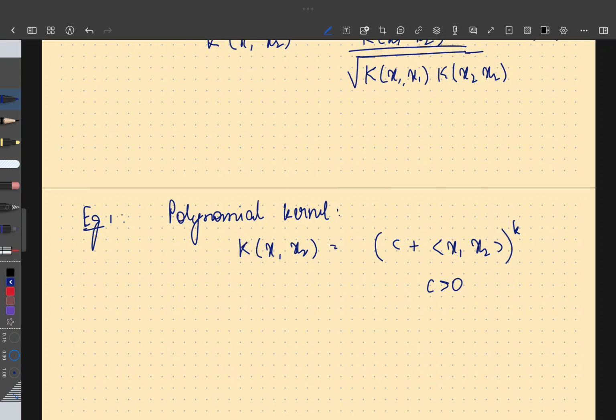How do you prove that this is a PDS kernel without explicitly going through the embedding, trying to find an embedding?